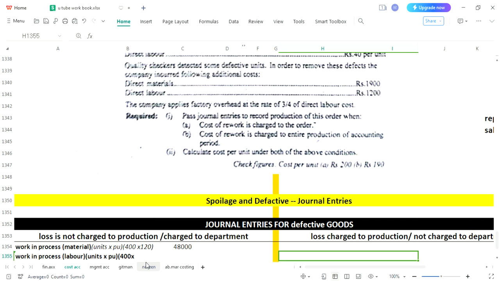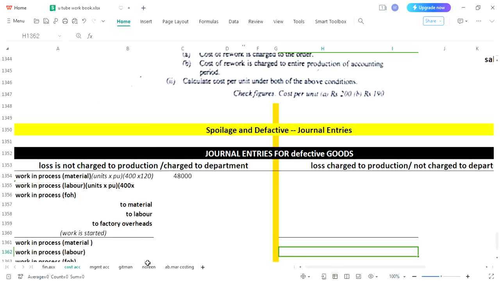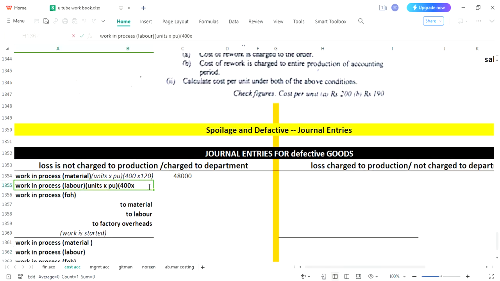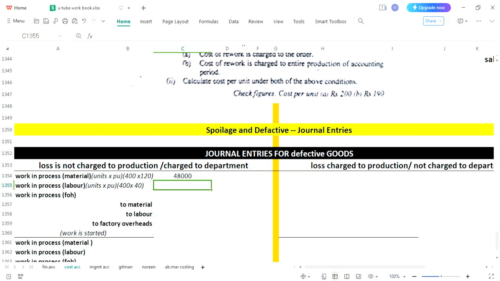So here you will calculate amount of labor by multiplying it with 40. In this way statement has been completed. This is just for you the calculation how you will put it. Okay, now statement is completed. We can calculate the amount: 400 multiplied by 40. Alright, second amount has been completed.